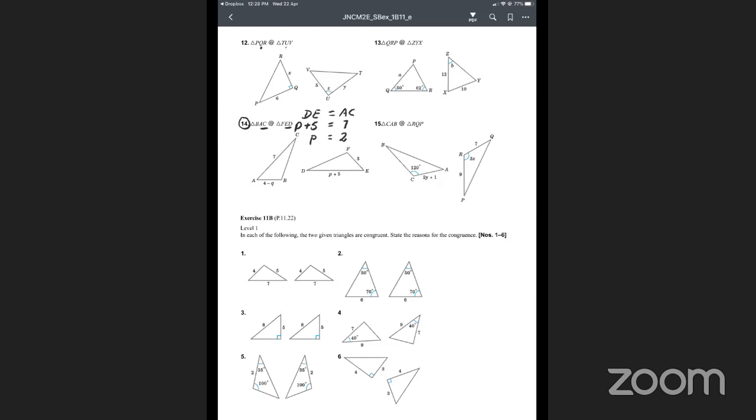And then after finding this one, we need to find Q. Okay, Q is AB. Okay, therefore we have AB equals FE. And then 4 minus Q equals 3.